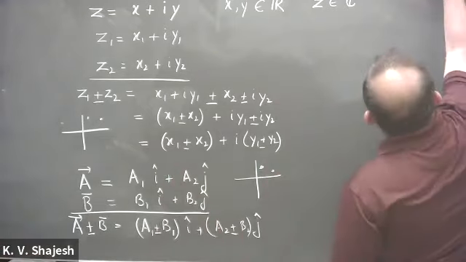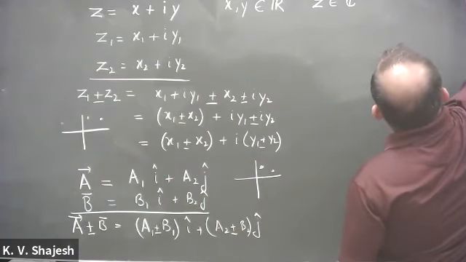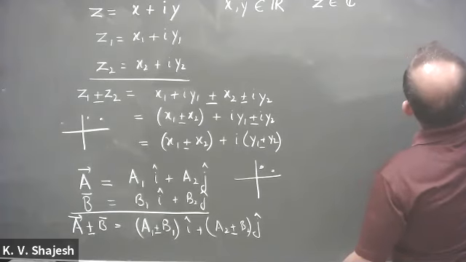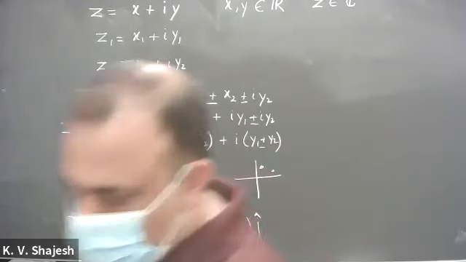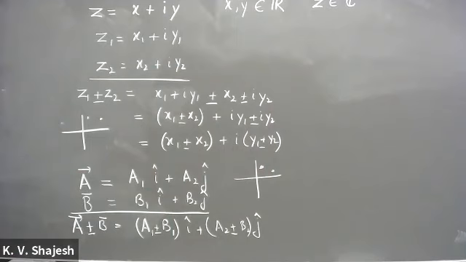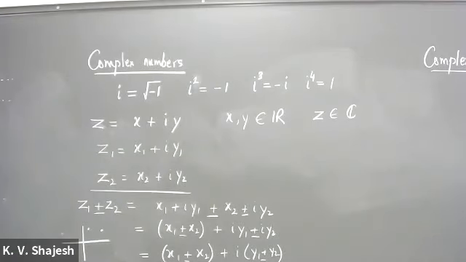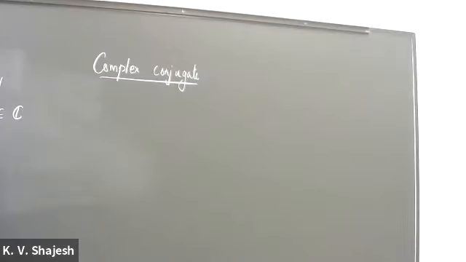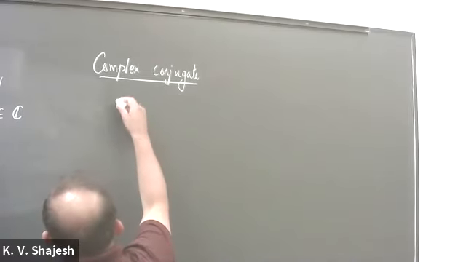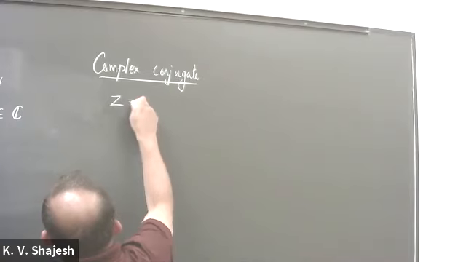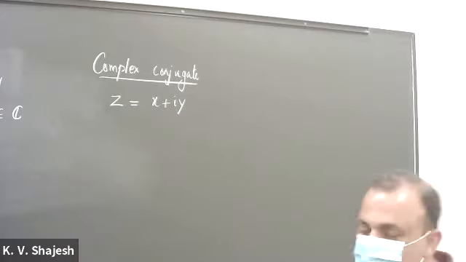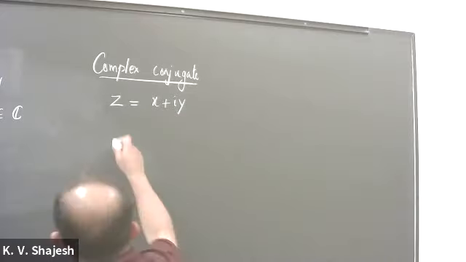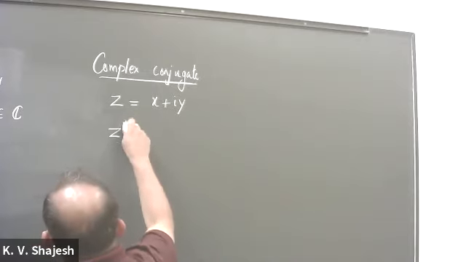So the complex conjugate: if you have z equal to x plus iy, that's a general complex number, the complex conjugate will be represented by z star.